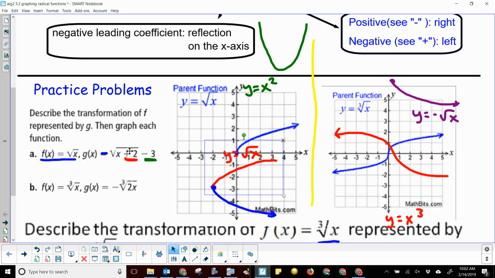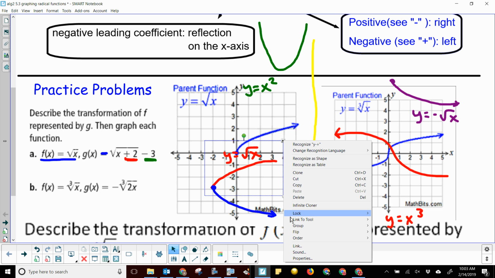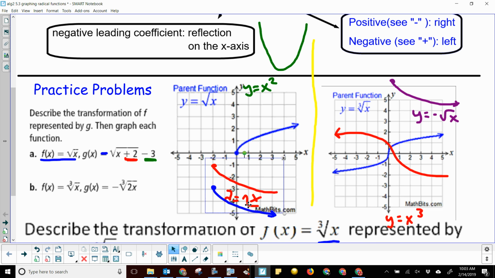I will say order of operations says do this flip before you move up or down, because technically you don't want to move down and then flip it, and it goes way up here, because that would technically be the opposite, right? So the flip happens before you move up or down. That way you flip it at this point, then you move it down.